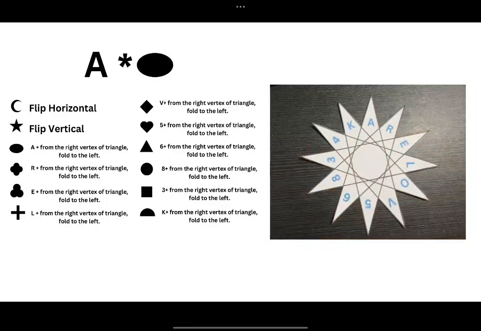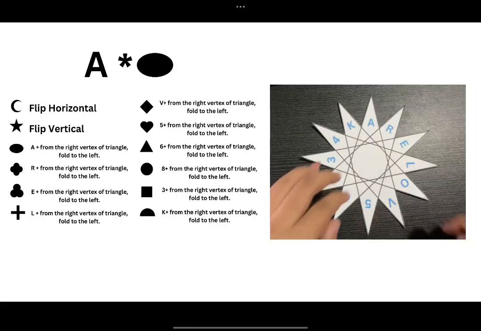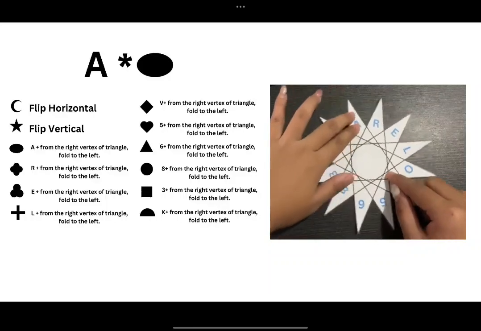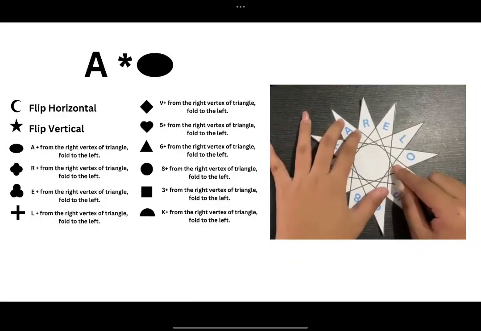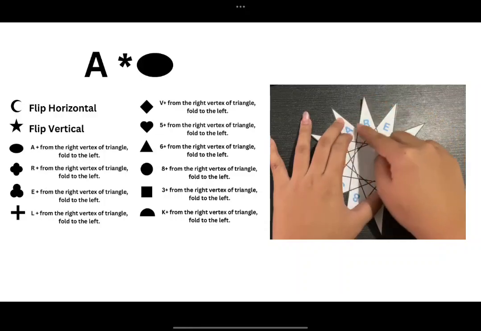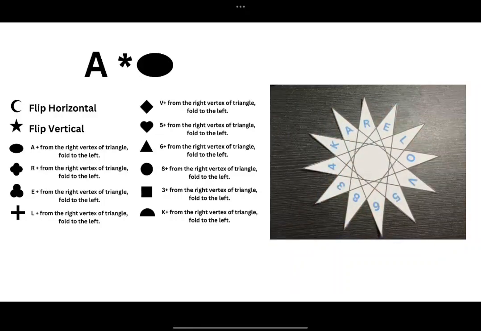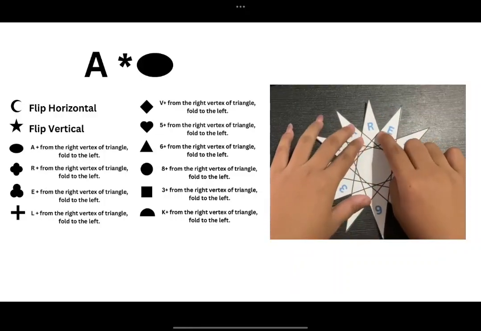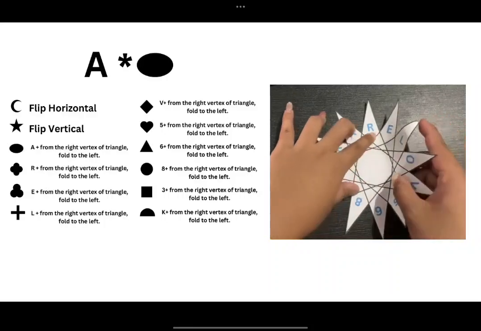Okay. So let's do the command for ellipse. We have to rotate it 30-degree counterclockwise. So from the right vertex of the triangle, fold it to the left.